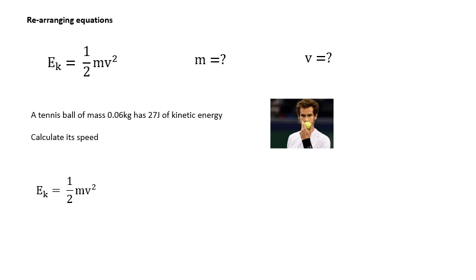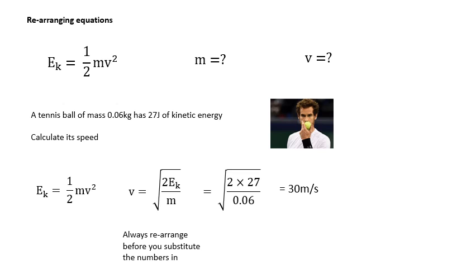A tennis ball of mass 0.06 kilograms has 27 joules of kinetic energy. Calculate its speed. Have a go yourself. I'm going to show you my answer in 3, 2, 1. There you go. So write down the equation. EK is a half mv squared. Rearrange it so v equals the square root of 2EK over m.